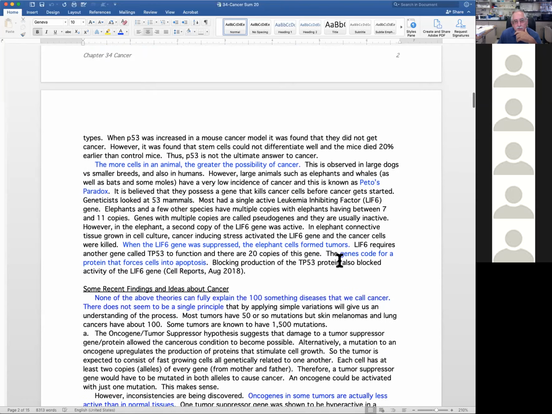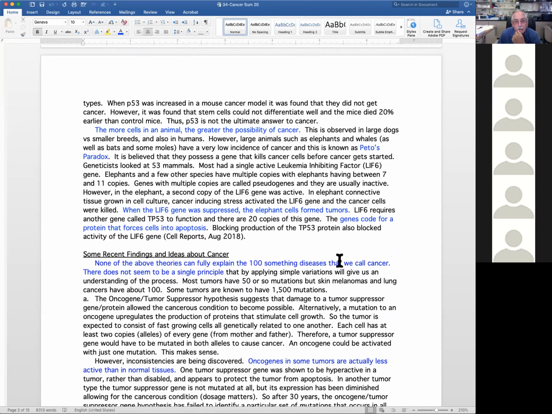So the more cells you have in an animal, the greater the possibility of cancer. So that's observed in large dogs versus small dogs, also in humans. But there's some large animals like elephants and whales, and some other smaller ones as well, that have a low incidence of cancer.